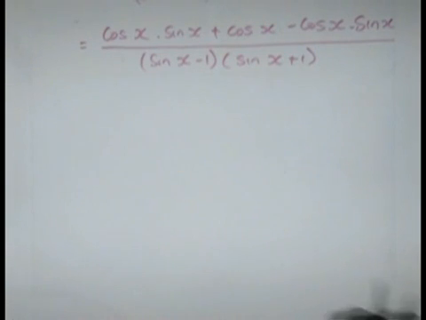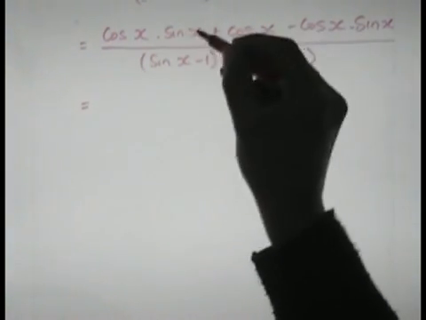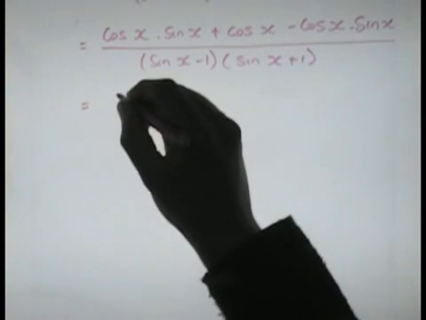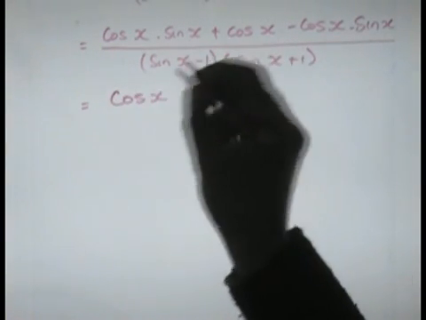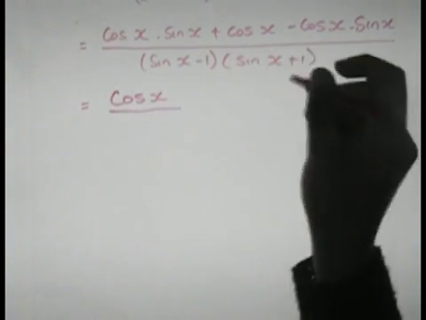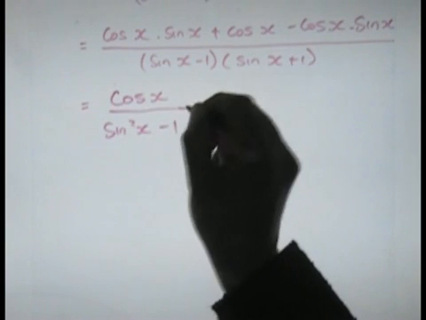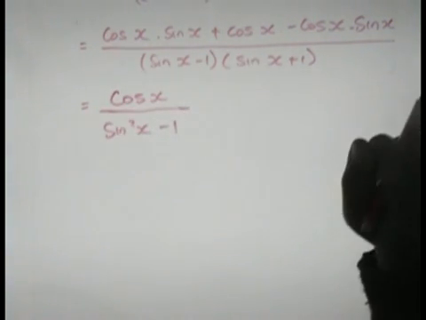Moving on from that step, cos x sine x minus cos x sine x cancels each other out, so that leaves us with cos x over sine x minus 1 sine x plus 1, which can become sine squared x minus 1, difference of two squares.